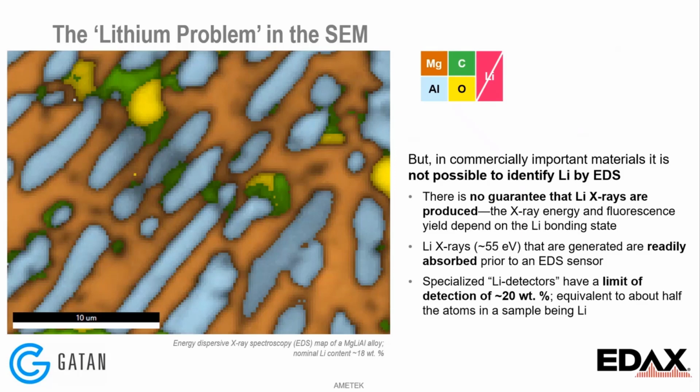Often the only way that these detectors work to detect lithium is by actually changing the bonding state of the lithium, damaging the specimen to liberate metallic lithium, and then analyzing the X-rays generated from the damaged sample. Now, obviously, this doesn't give you any information about the native state of your sample. It's only the state after it's been changed. So this is, in a snapshot, the lithium problem in the SEM.